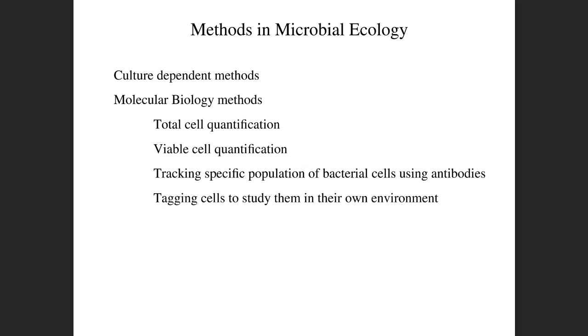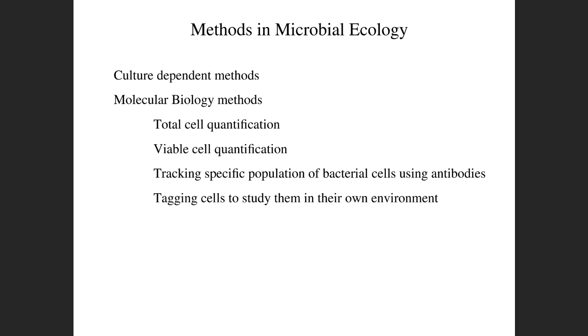Right? Now there are other methods to count the bacteria. You can count different things. You can count total number. You can count the viable number, and you can track specific bacteria populations using antibody.